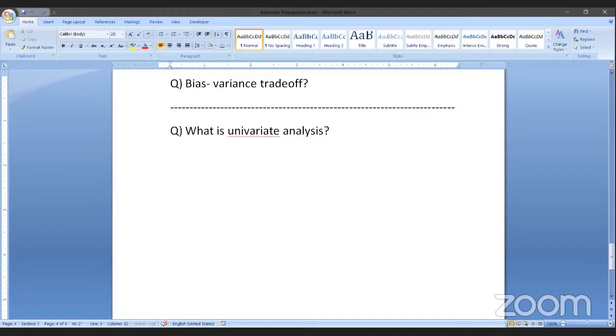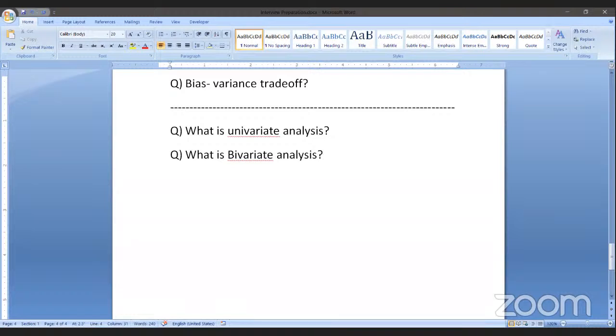So next, what is bivariate analysis? No, overfitting, I don't think comes under this. This is the analysis, means we are analyzing the data set.